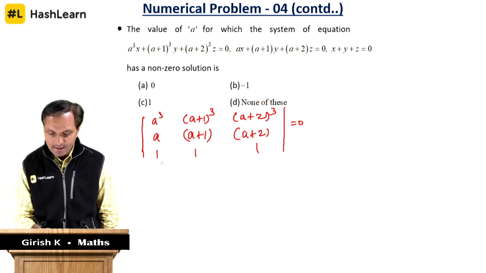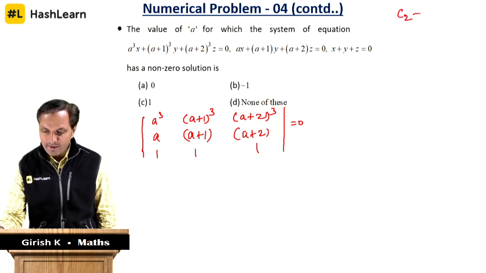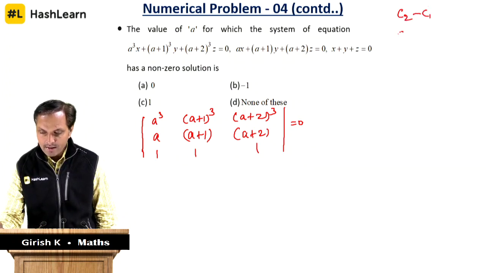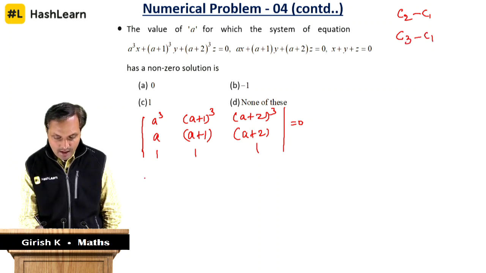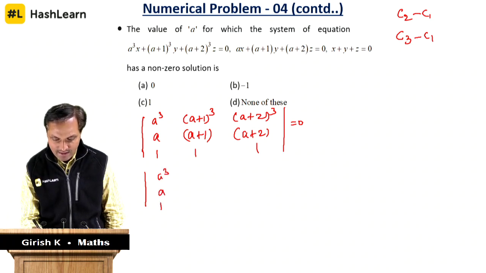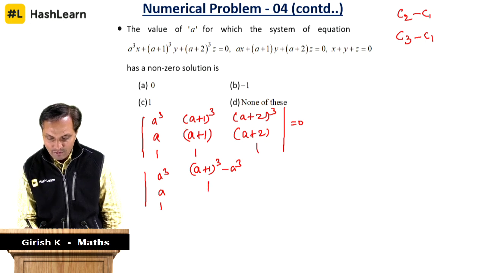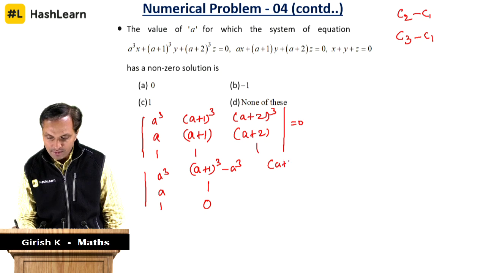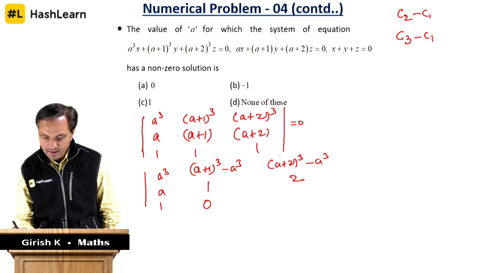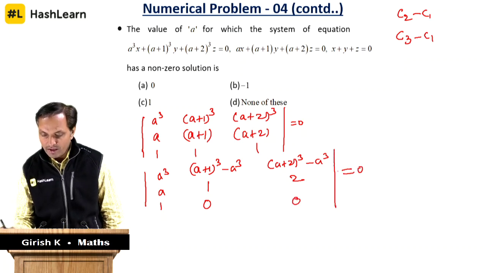So I apply C2 minus C1 and C3 minus C1. I write a cube and a as it is. If I substitute a plus 1 cube minus a cube, a plus 1 minus a will be 1, 1 minus 1 is 0. Again, this minus this, you will have a plus 2 cube minus a cube. This minus this will be 2, and this minus this is 0 again. That should be equal to 0.